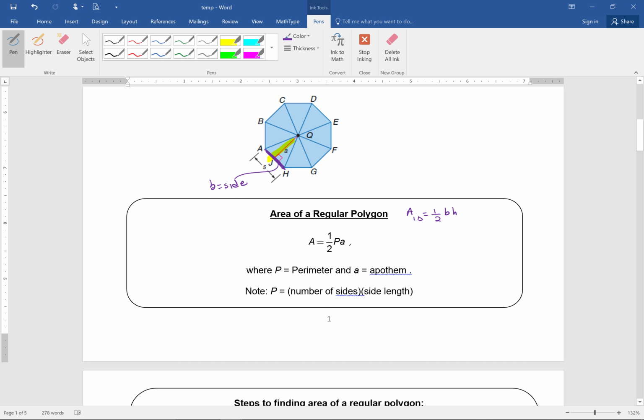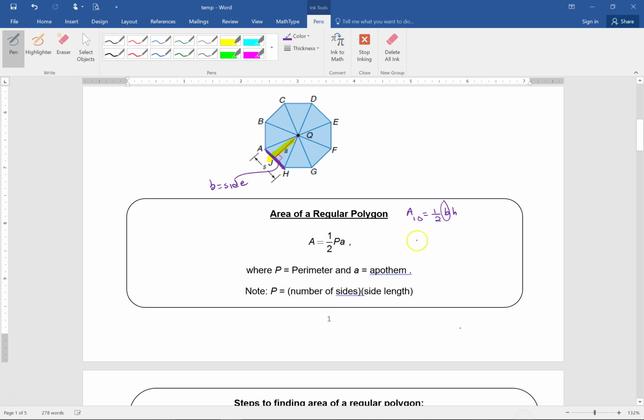Now, if we've got a regular polygon, okay, how do all the sides compare to each other? They're congruent to each other. All right. Now, if I have 5 of these, right, then what am I going to do? I'm going to multiply this by 5, right?